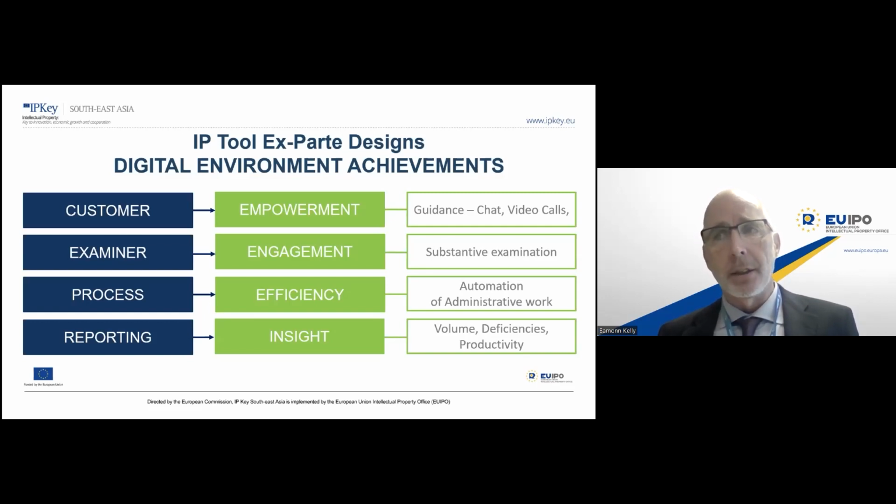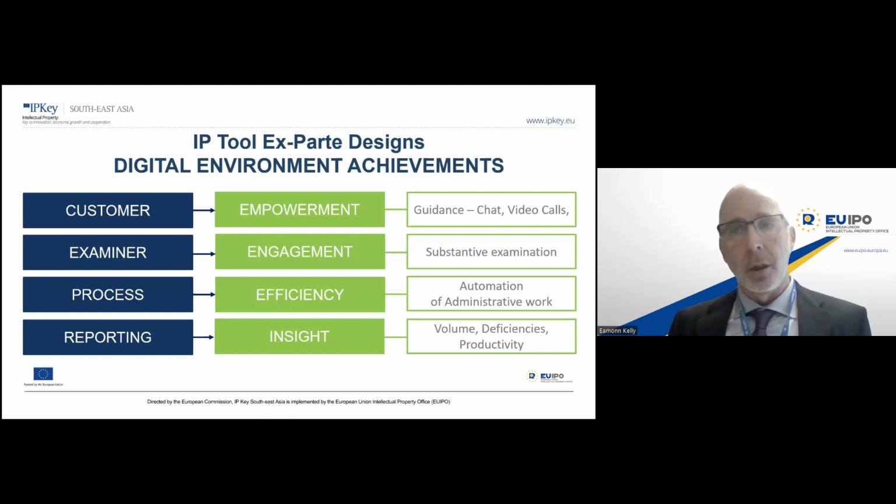The process we knew had to be as efficient as possible, and therefore we had to automate all administrative work, including the checking of the applicants, the checking of the fees, the checking of the registration once completed by the examiner. And then finally, we wanted to improve on the reporting, to know exactly the different types of deficiencies that were being raised at the time.